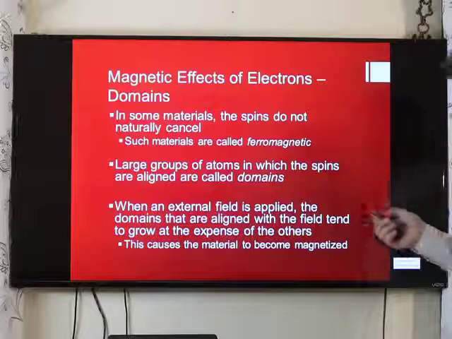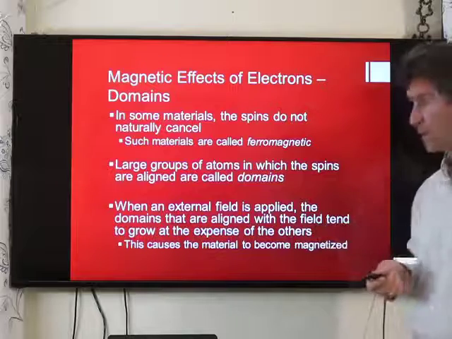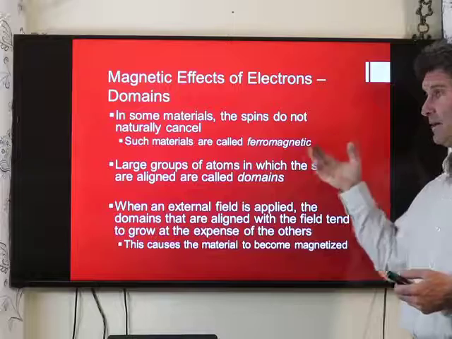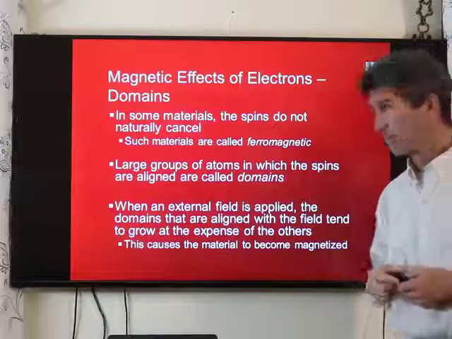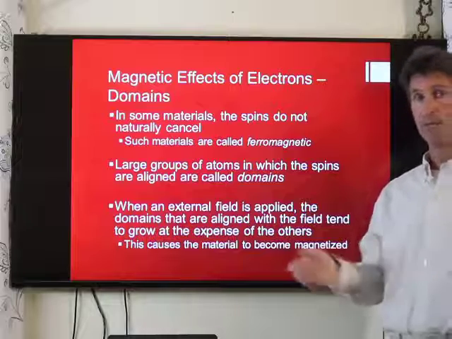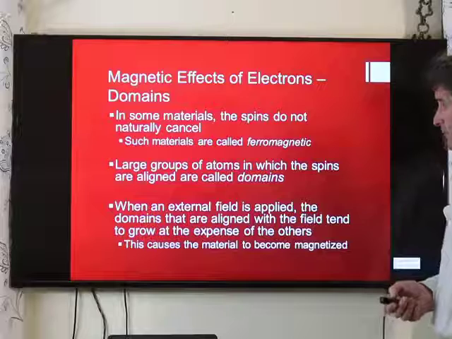In some materials the spins don't naturally cancel out. These types of materials tend to have large magnetic fields, and that's where we find our ferromagnetic materials, which will retain a magnetic field even when we remove an external magnetic field.